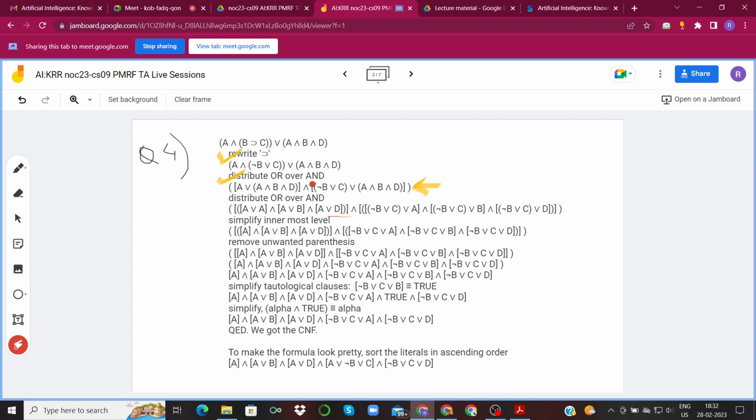And similarly, on the other side of this particular AND, you have not P or C or A, not P or C or B, not P or C or D. Okay, so we have completed this step and now we are in this state of the formula.